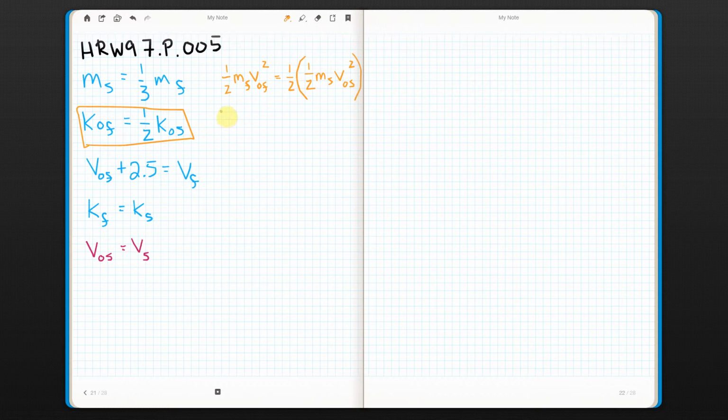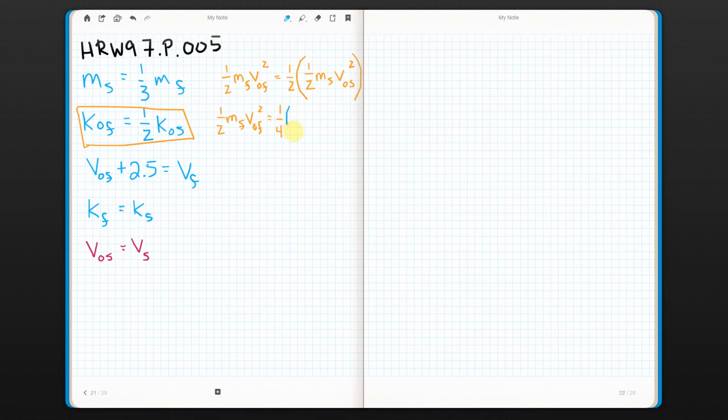Now I've got a couple things I can plug in. Keep the stuff on the left the same, then nothing there is going to change. But on the right, first off, I've got 1/2 times 1/2. I'm going to combine them, and that makes 1/4. But then look at this: the mass of the son is equal to 1/3 the mass of the father.